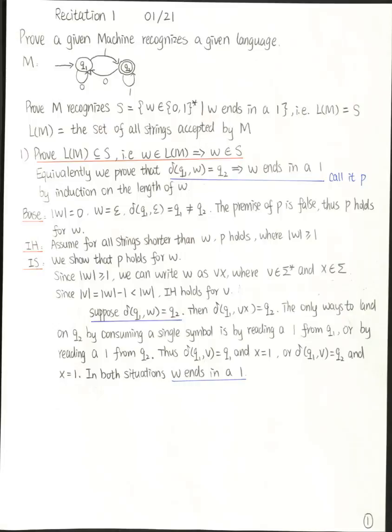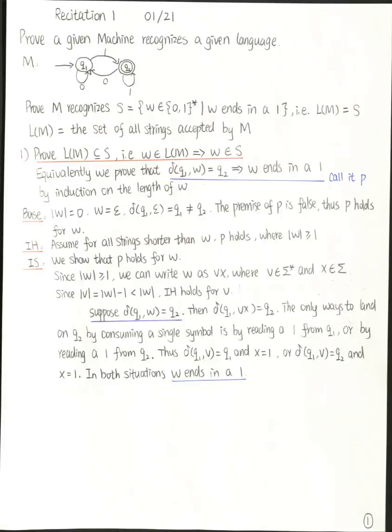First, we prove LM is a subset of S, which is the same as showing if W is in LM, then W is also in S. Every member in this LM is also a member in this S. That's why this LM is a subset of S. Alright, that's our goal. So equivalently, we transfer that W in LM implies W in S to this statement.